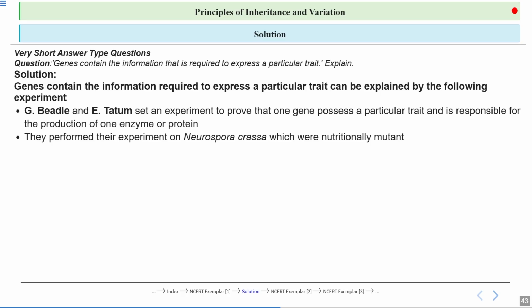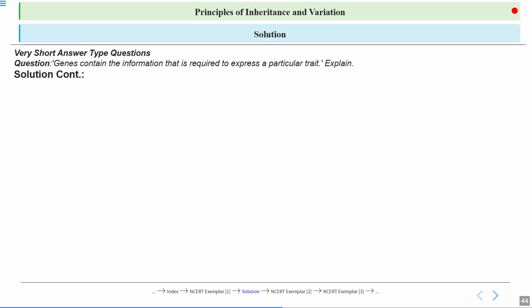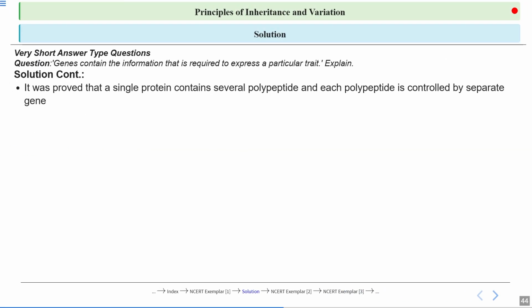They performed their experiment on Neurospora crassa, which was nutritionally mutant. It was proved that a single protein contains several polypeptides, and each polypeptide is controlled by separate genes.